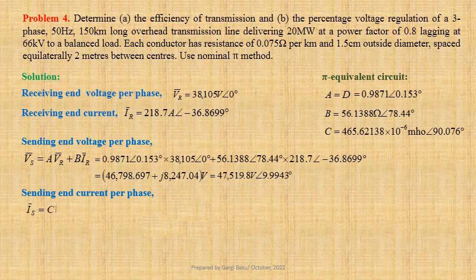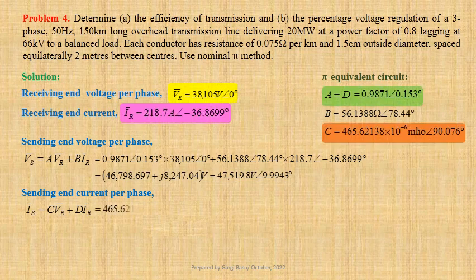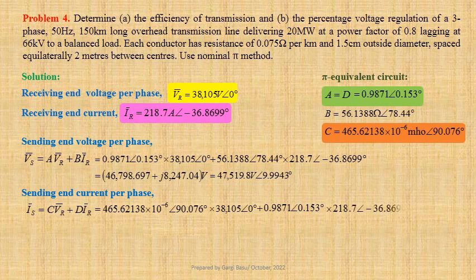Now we shall calculate sending end current per phase. Is equals C times VR plus D times IR. Using values we get 465.62138 × 10^-6 ∠90.076° × 38,105 ∠0° + 0.9871 ∠0.153° × 218.7 ∠-36.8699°.